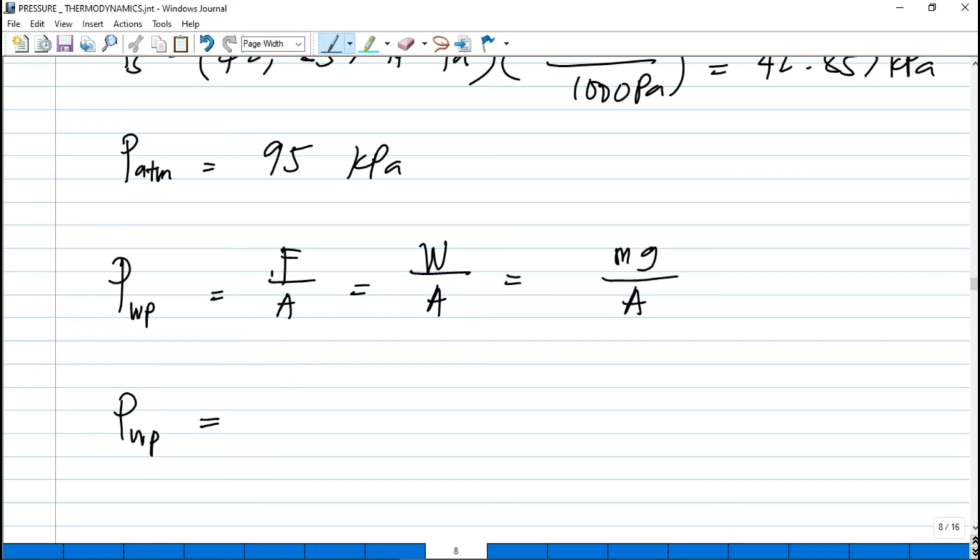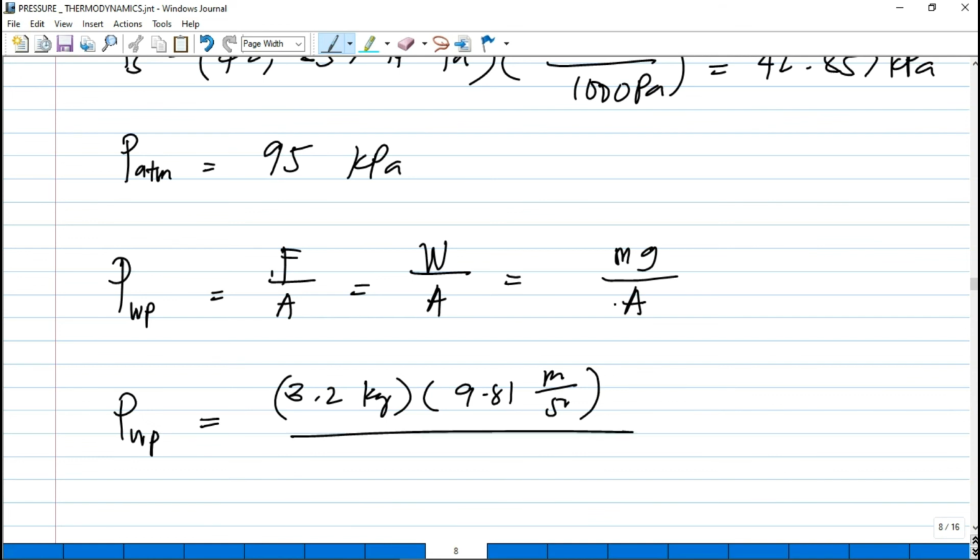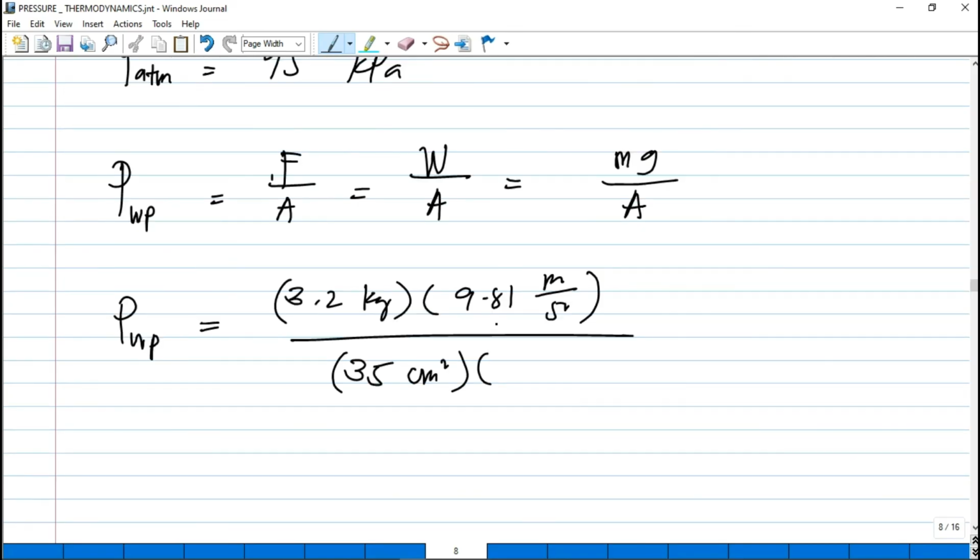So mass ng piston, that is 3.2 kilograms. And we have the acceleration due to gravity, 9.81 meters per second squared. Then yung area ng piston natin, that is 35 square centimeter. Then convert natin to guys to square meter to convert this to Pascal.